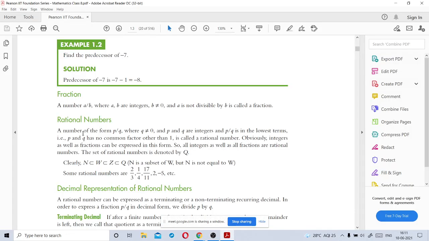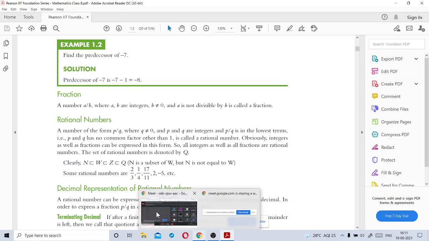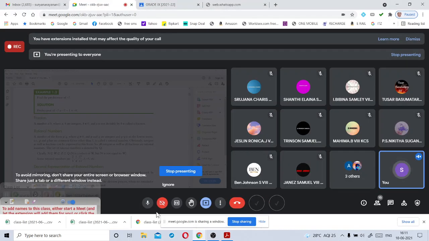Now, come to this definition, rational numbers. A number of the form P by Q, where Q is not equal to 0 and P and Q are integers, and P by Q is in the lowest terms. Do you know the meaning of lowest terms of a fraction? What is meant by the lowest form of a fraction?